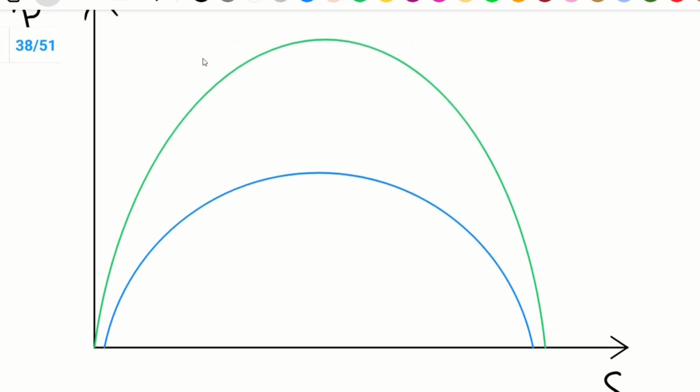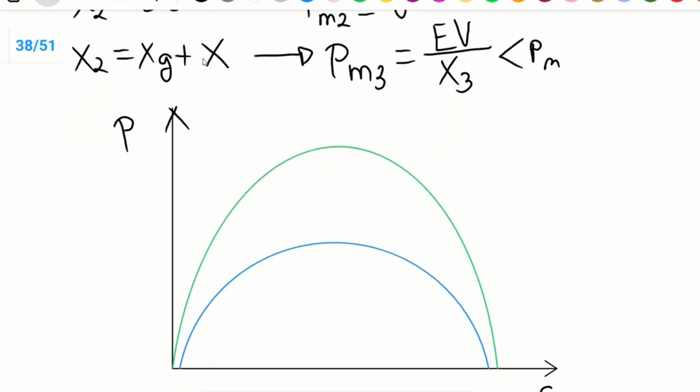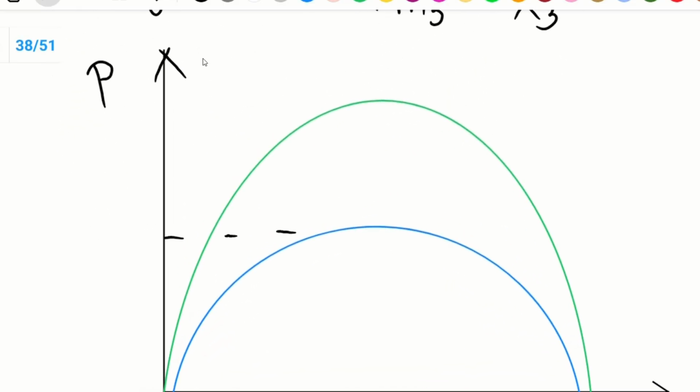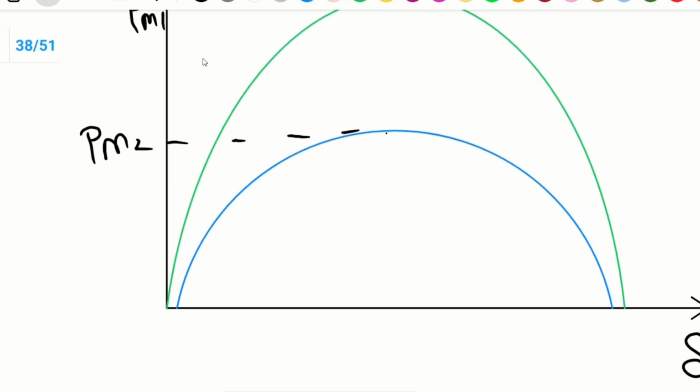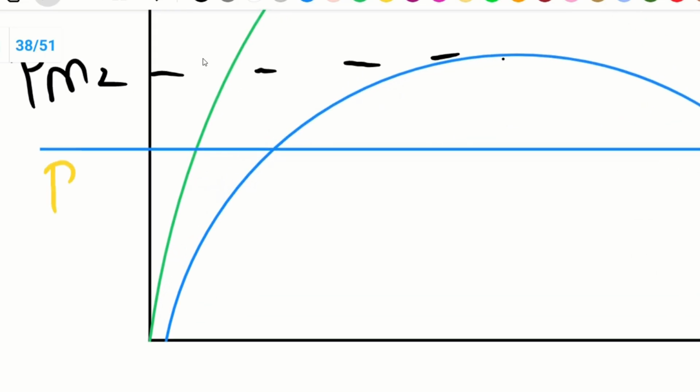As I told, Pm3 is less than Pm1, so it will be less than Pm1. This is Pm1, Pm2. Okay. Now suppose this is our mechanical power, Ps.